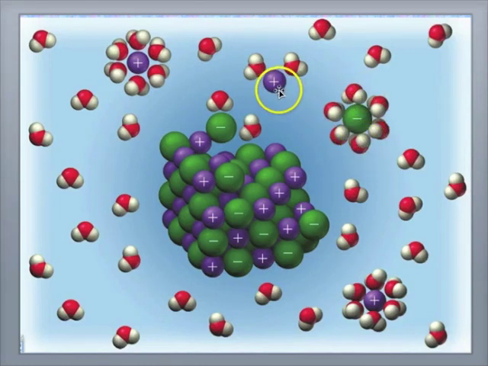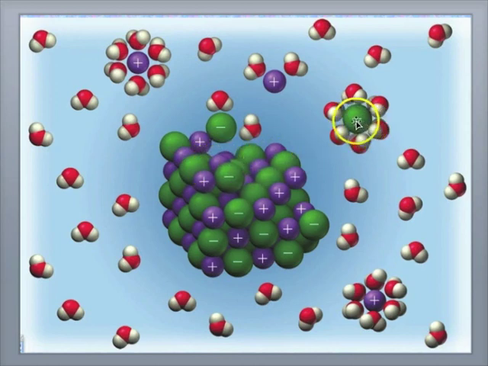The sodium ion has a positive charge, and it is attractive to the negative side of the water molecule. So water molecules surround the sodium ion, and these are very powerful attractions that allow the sodium ion and the chloride ion to be pulled away from the sodium chloride crystal.